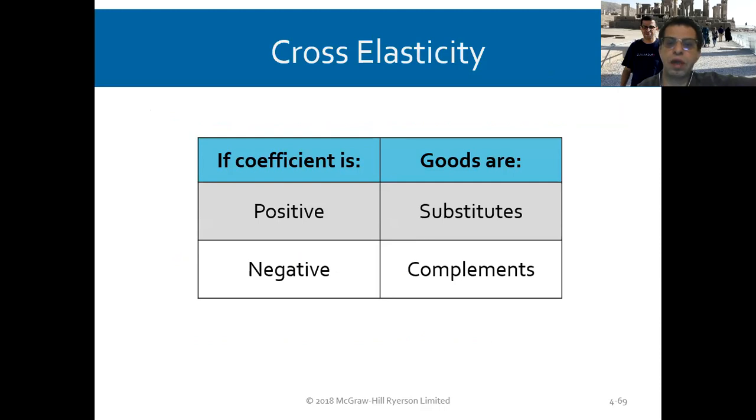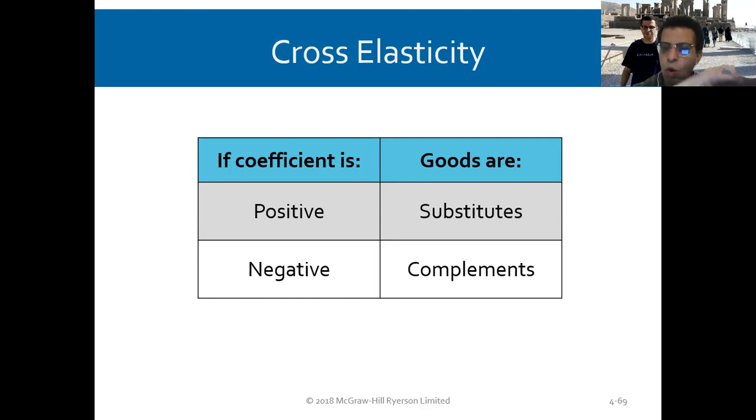Now, if the coefficient is positive, we come to the product that could be a substitute or a complement. And we said in the early chapter, chapter 2, a substitute product is just like pretzels replacing nuts or nuts replacing pretzels when you are buying a beer. But the pretzel itself or the nuts is a complement to a beer.